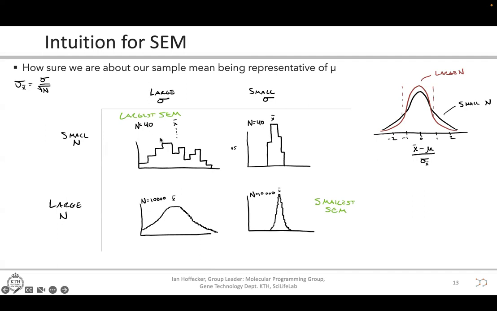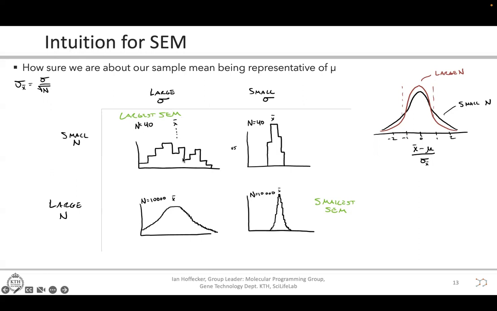And in a situation where the spread of X, our original random variable, is large, so here sigma is large, the standard error of the mean, our uncertainty with regards to our sample mean that we compute, is going to be really high because the spread is large and we didn't take that many measurements. So we're going to be maximally uncertain about our mean value.